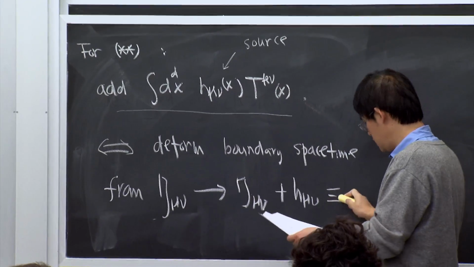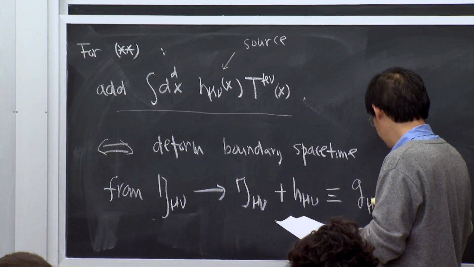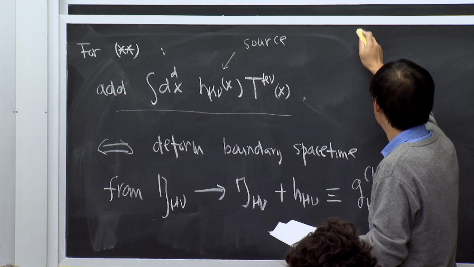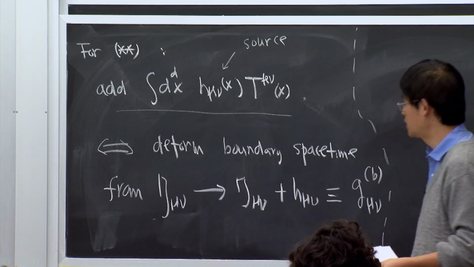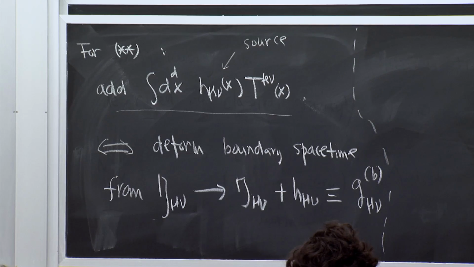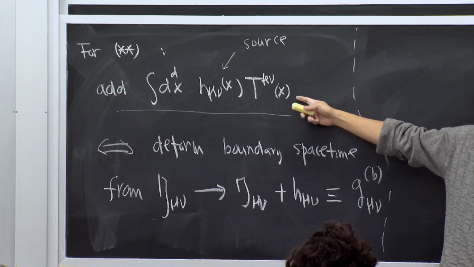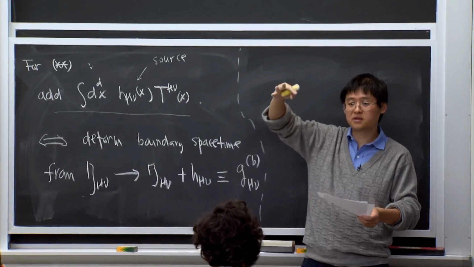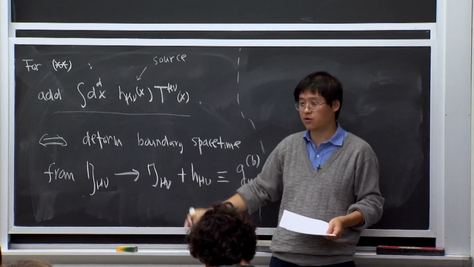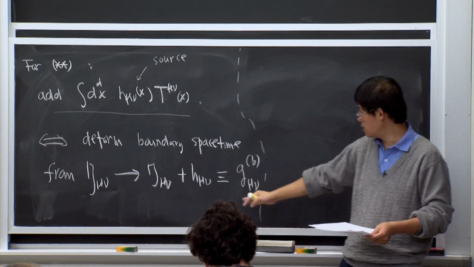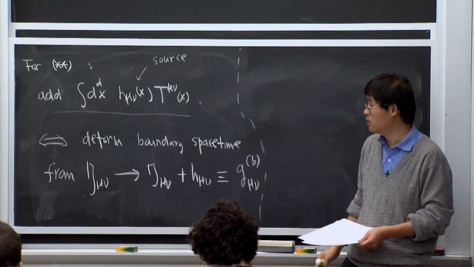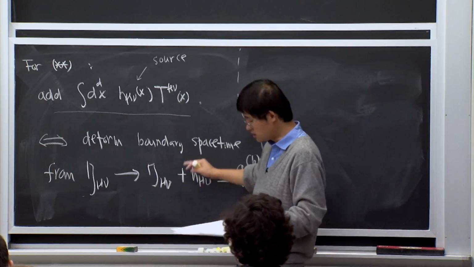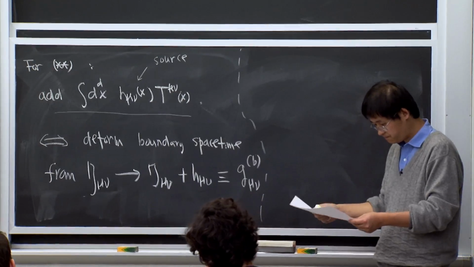Let me call this quantity g_mu nu^b. So adding such a source for the stress tensor is like deforming your spacetime geometry a little bit by this source, at least when h is very small. When we consider the deformation, we always consider the source to be small.